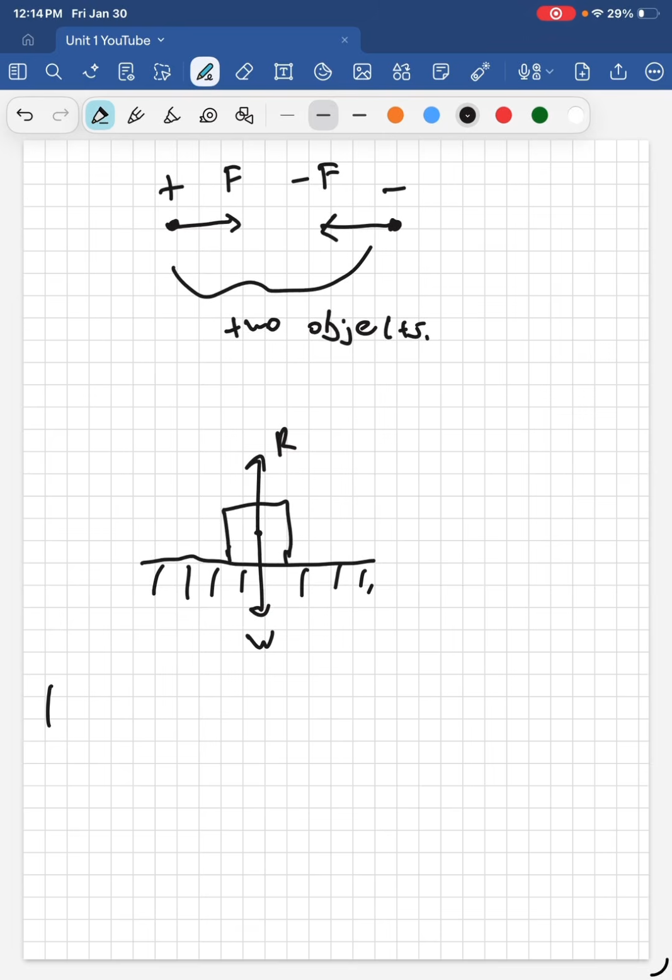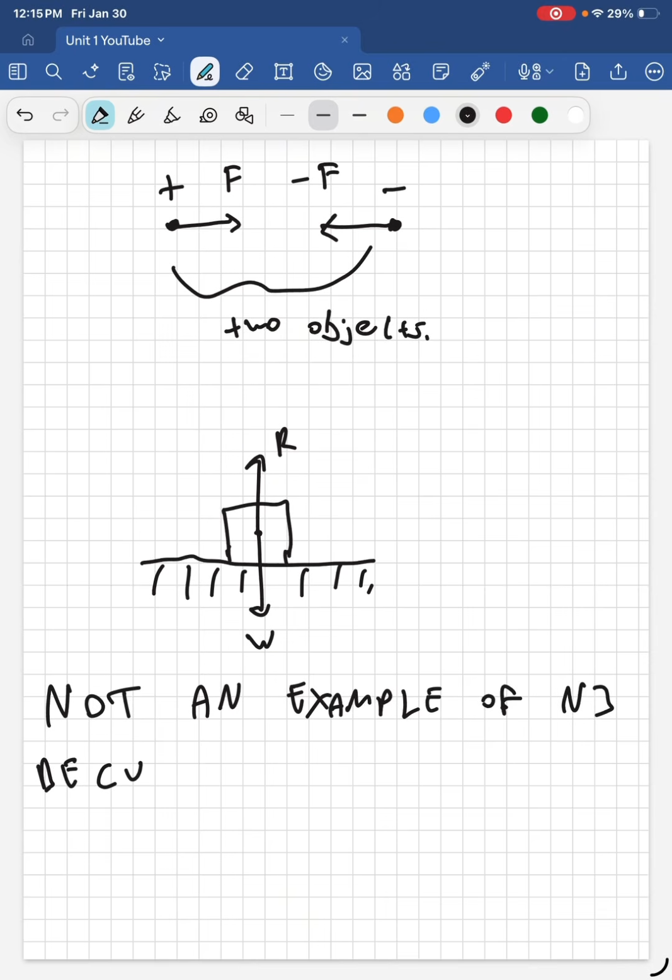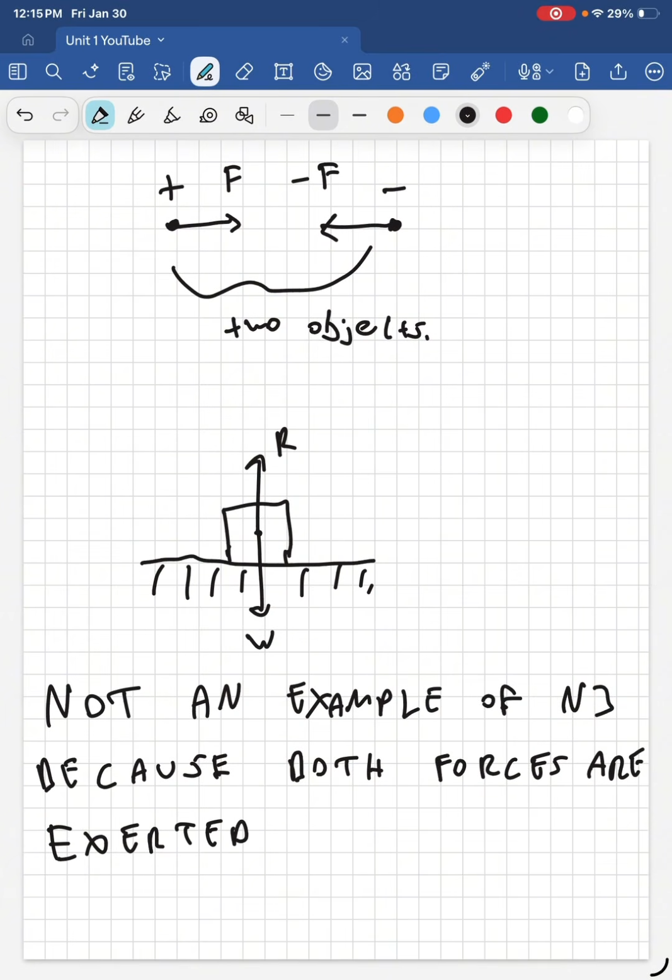So I'm going to write it here: not an example of Newton's third law because both forces are exerted on the same object.